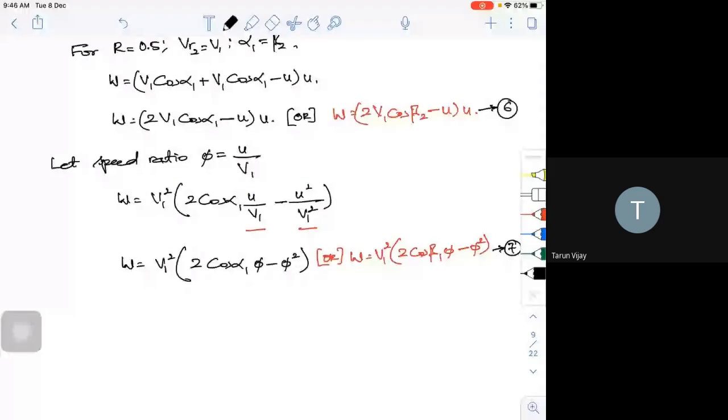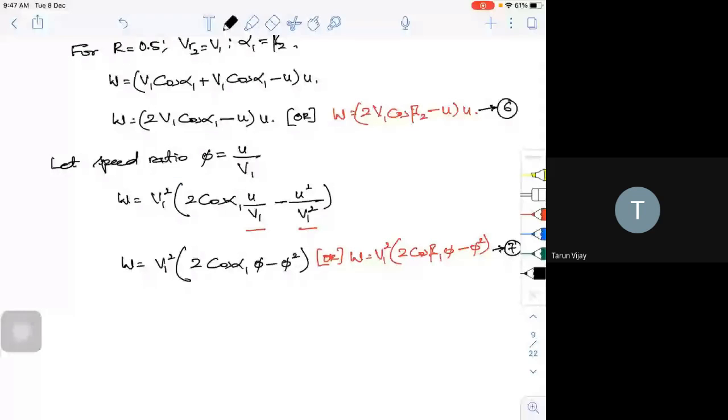This is your W, the work done in your reaction machine, now in terms of blade speed, or the speed ratio phi.